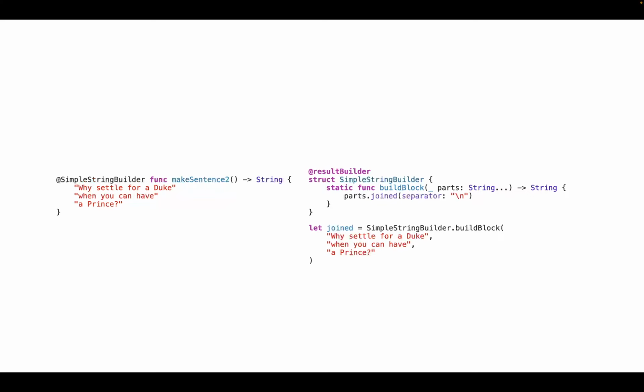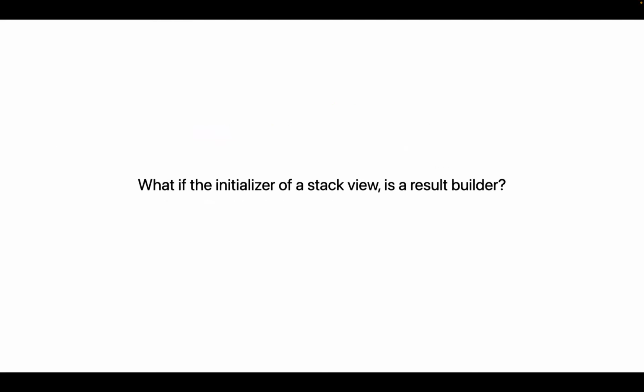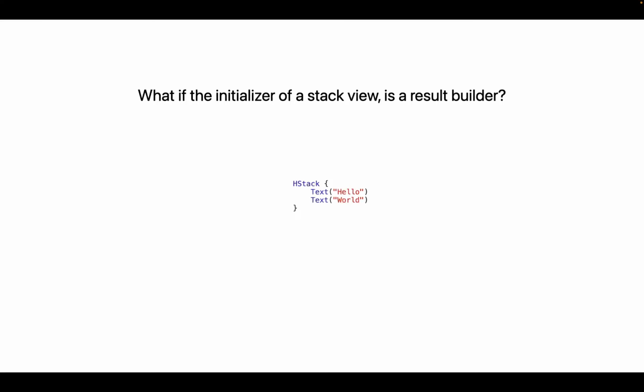Okay, so now this is something valid. And if you still remember what we talked about in the first workshop, we have something like a stack view. And what if the initializer of the stack view is a result builder, right? So you can do something like this.